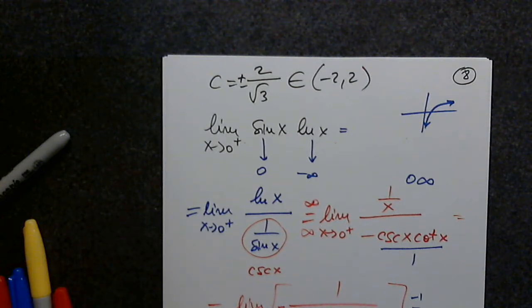But then you're going to have negative infinity to 0. It's a more difficult situation because it's a power. It's one of the indeterminate power cases.